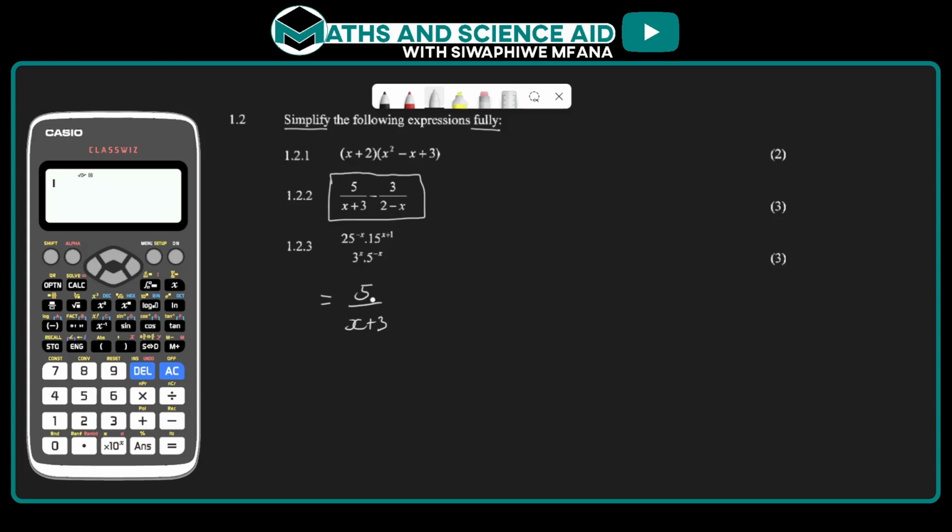And so we are going to have 5 multiplied by 2 minus x. And then here, in order for us to multiply x plus 3, since we have two terms, we need to put them inside brackets. And then we multiply by 2 minus x. And again, I hope that you can see that this is like multiplying by 1, because 2 minus x divided by 2 minus x is equal to 1.